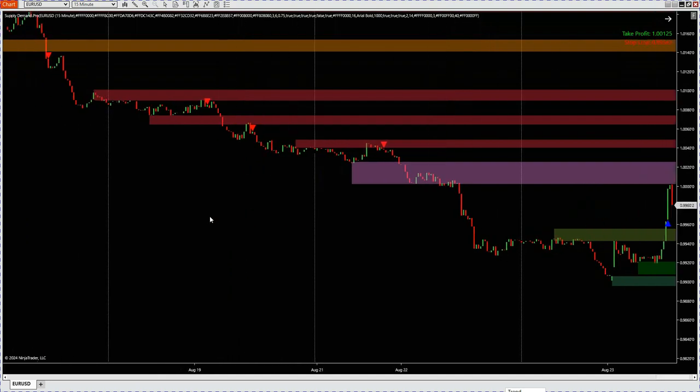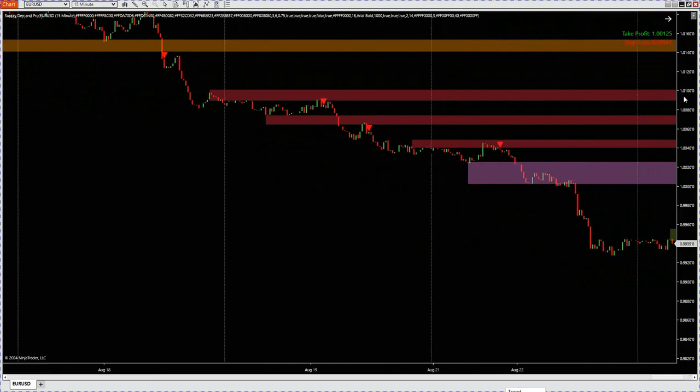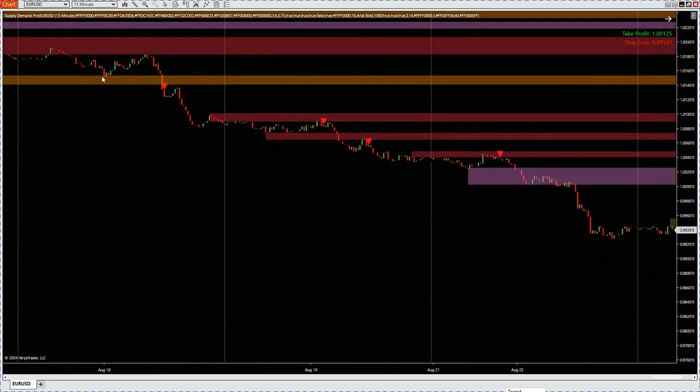We can see where it was a support level or demand zone, and then it was broken through and became a resistance level, which is a supply level. And this is why it's called a turncoat. The name matches the fact that it switched from one zone to the other.